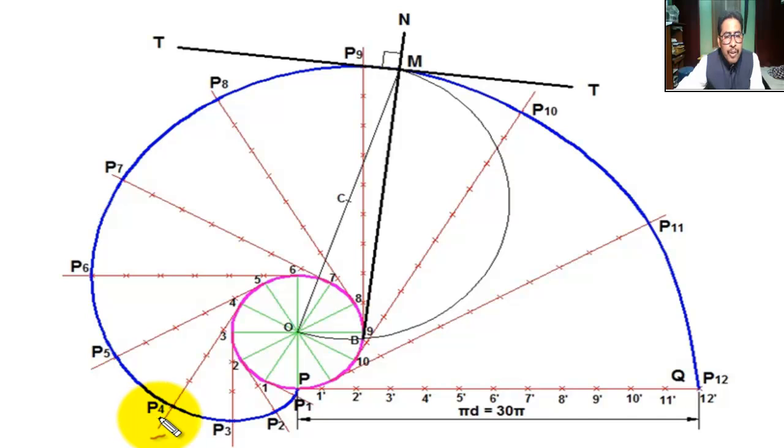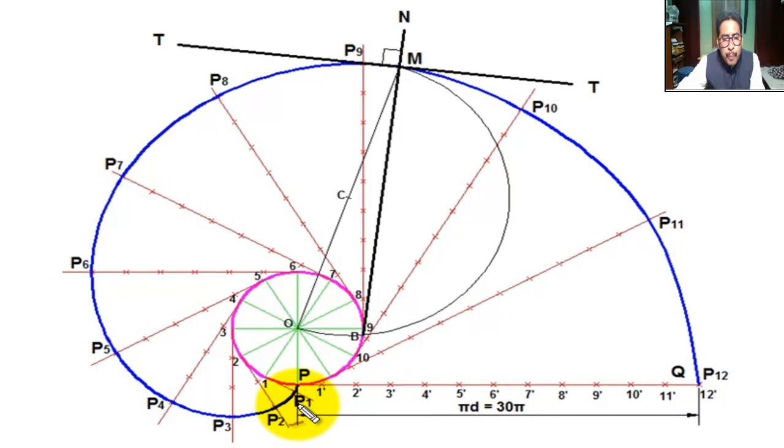On this tangent we mark P4 such that 4P4 equal to P4 dash. On this tangent we mark P5 such that 5P5 equal to P5 dash.